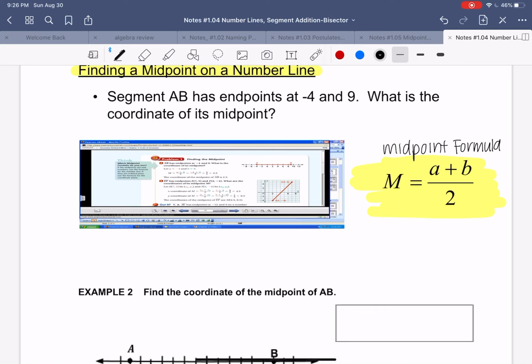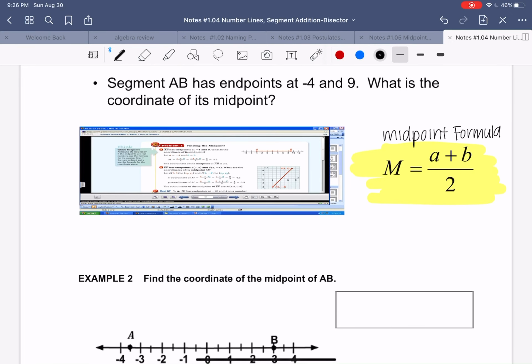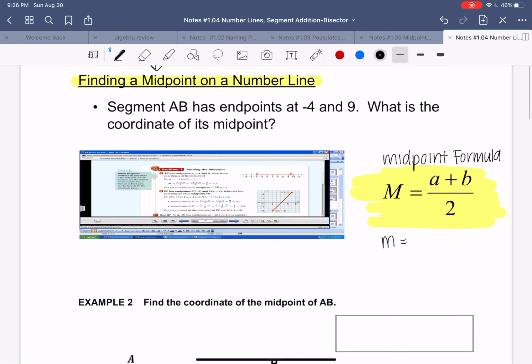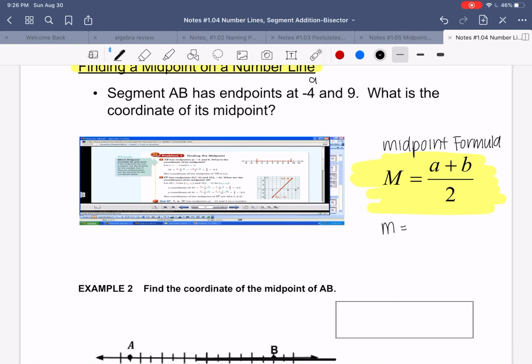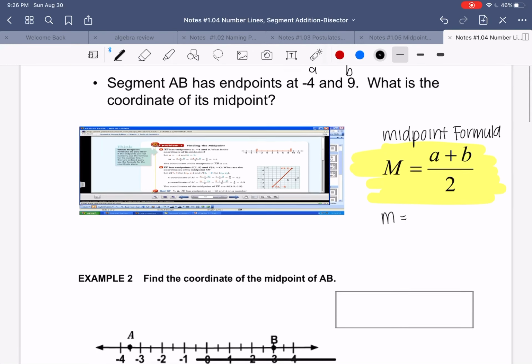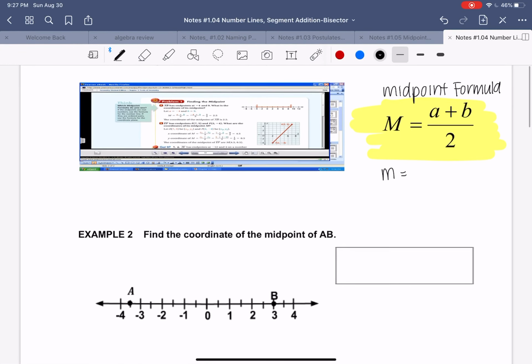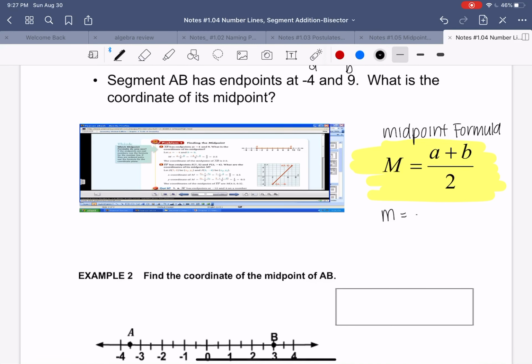Has endpoints at -4 and 9. So how we're going to model this is we're going to use -4 as A and 9 as B. So A being -4, we're going to plug in for A, and then 9 for B, and then we're going to divide by 2.